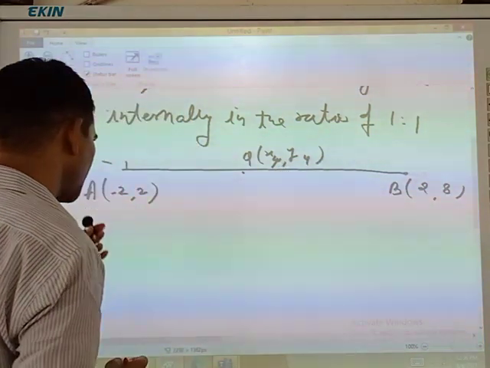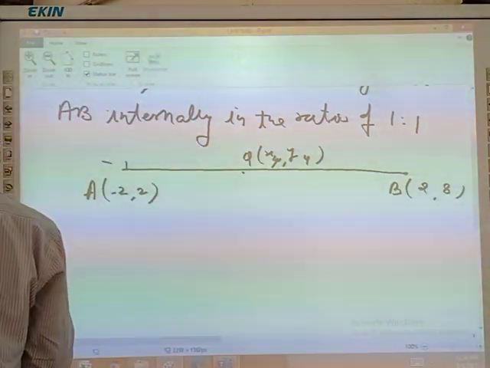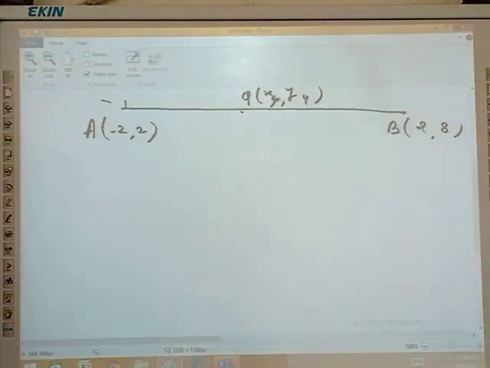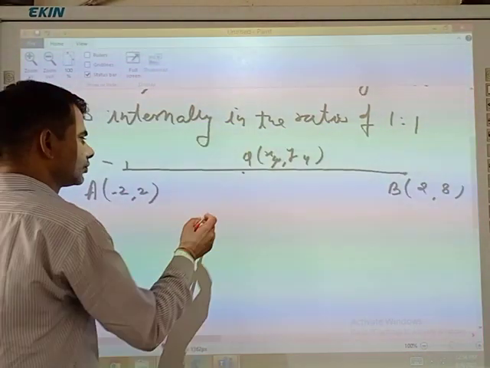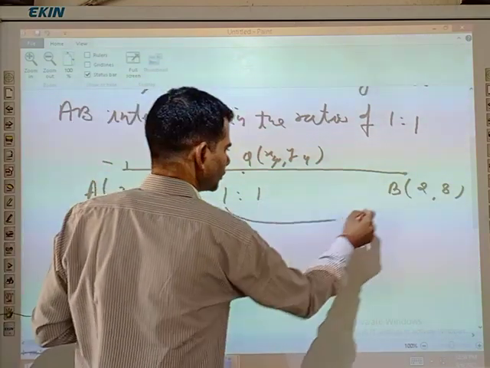The coordinate of point Q is in the ratio 1:1.